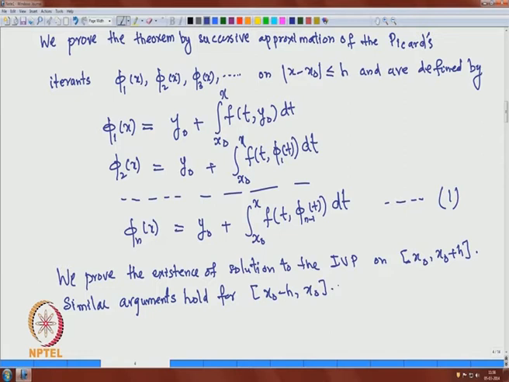Therefore, we prove only on one side, and uniqueness has already been proved. Uniqueness of solution follows from the uniqueness theorem, the theorem which we proved in the previous lecture.